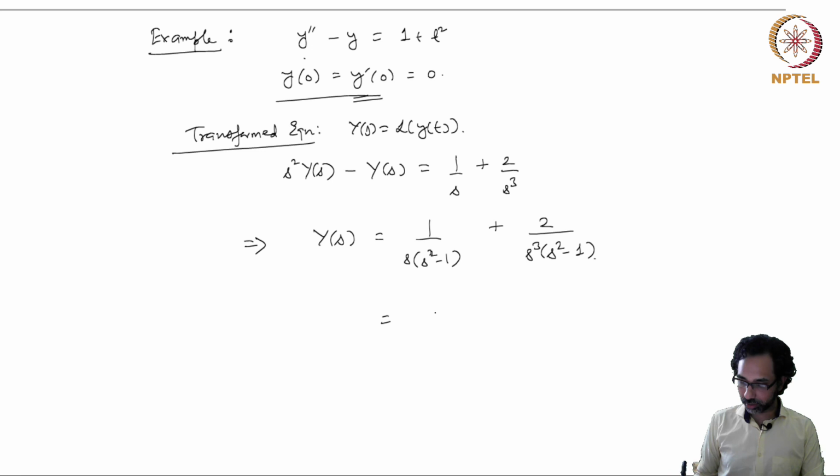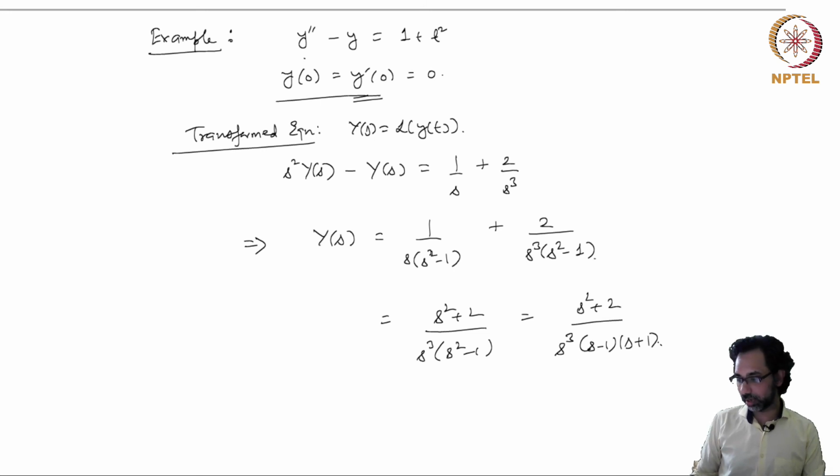So this is (s^2 + 2)/(s^3(s^2 - 1)), and you can write it as (s^2 + 2)/(s^3 (s - 1)(s + 1)).